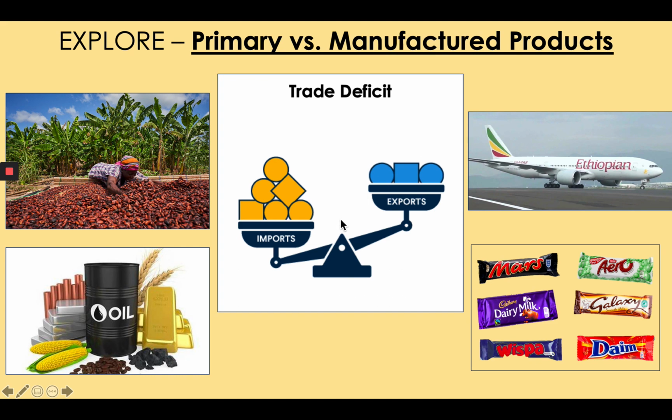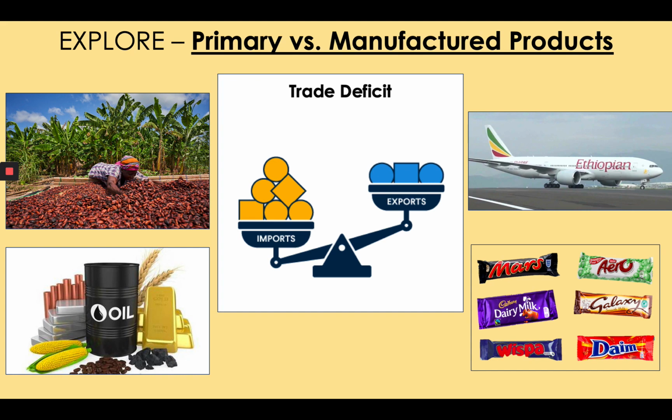For example, on healthcare, on education, on infrastructure, which is an important part of why LICs struggle to become HICs. So the first economic cause of the development gap is the fact that LICs export primary products and they import manufactured products. Make sure you've got these notes down.